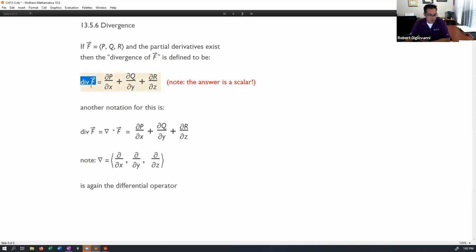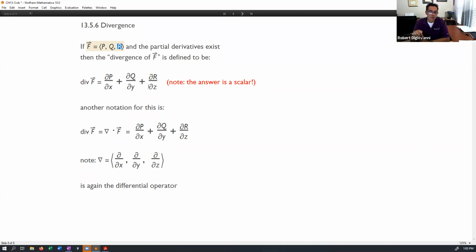We notate it with div in front of the vector field F. So div F. And all it is the partial derivative of the first component P with respect to X, added to the partial of the Q component with respect to Y, and then add that to the partial of the third component with respect to Z. And your answer will be a scalar, or a number.